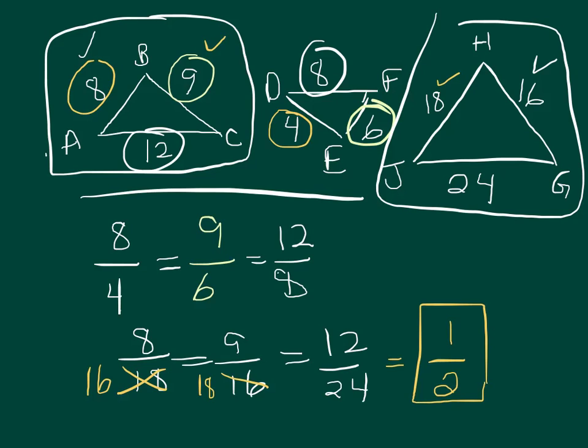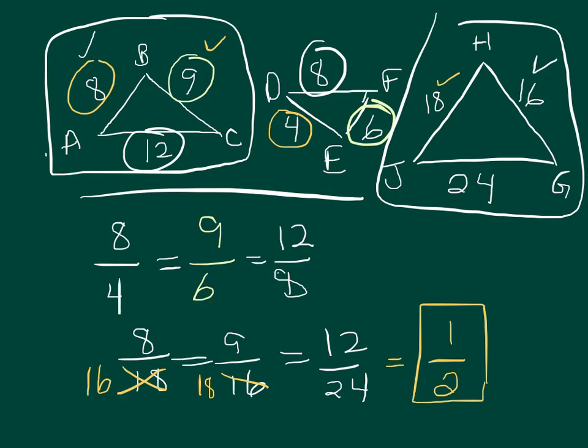and that is SSS, where all the angles are the same, and you don't have to prove that because you're going to prove that all the sides are in proportion. Now, what can we do with that information?